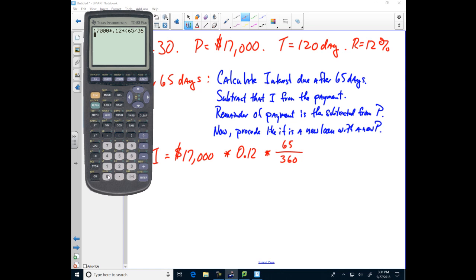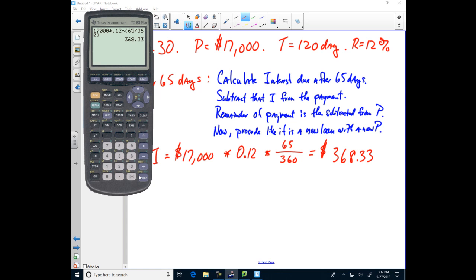If you don't have a graphing calculator, you're going to have to do that part first and then do the multiplication. So I press enter and I find out that after 65 days, the interest due is $368.33.